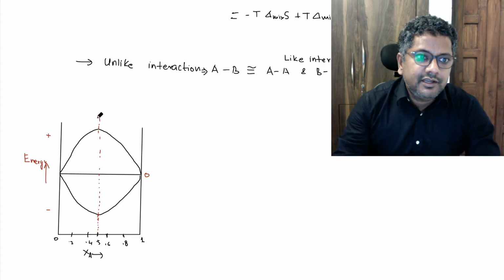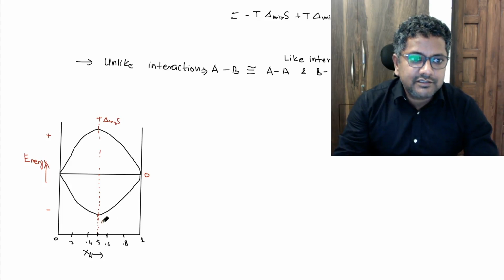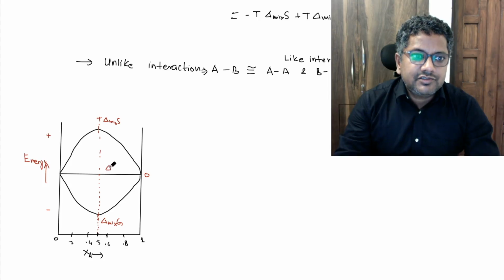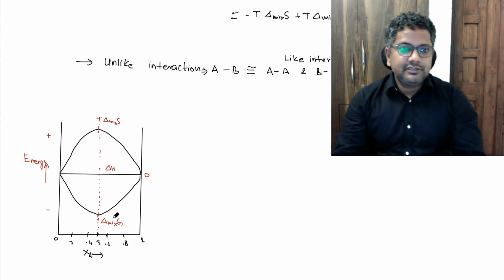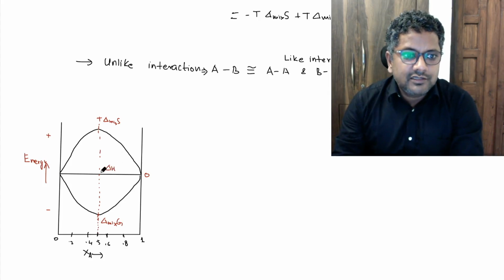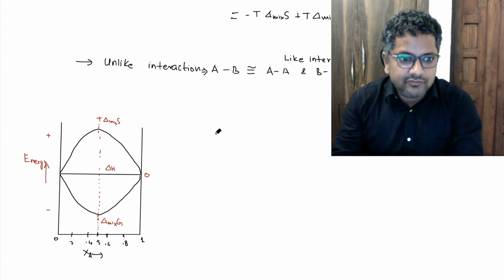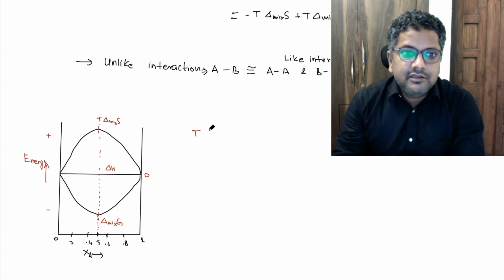This is T delta S. You cannot say delta S only. This is T delta S, this is delta G mixing, and this is delta H. This is energy, this is also energy, and this is also energy. You know what this T delta S is called? Random energy.